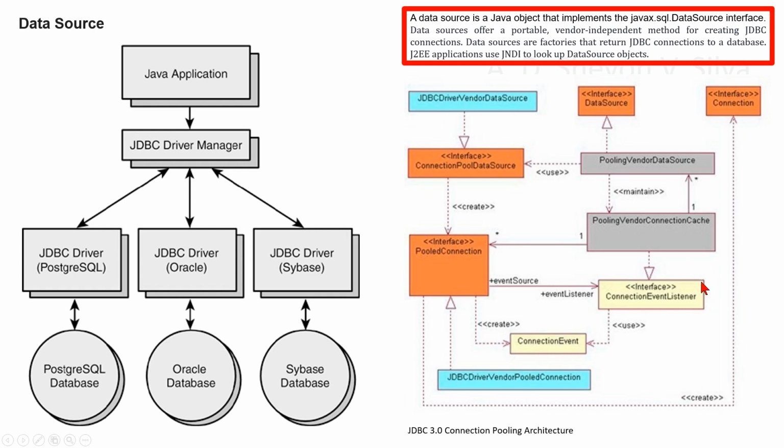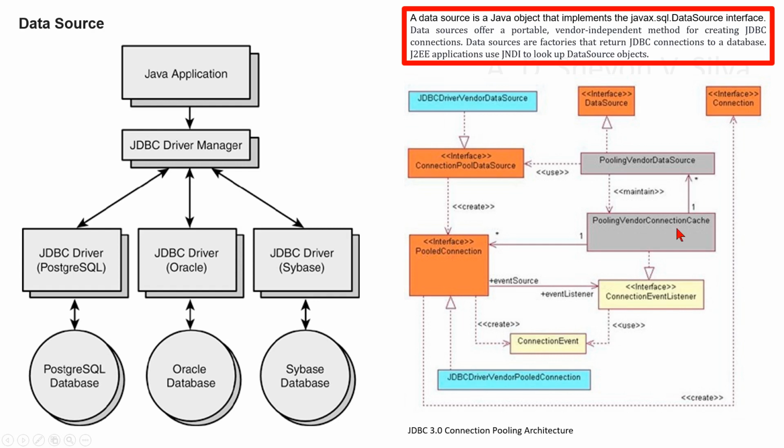When an application makes a connection by calling dataSource.getConnection on a pooling vendor data source object, the pooling vendor data source object performs a lookup in the connection cache to determine if a pooled connection object is available.